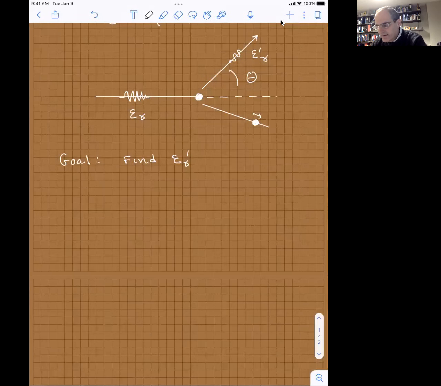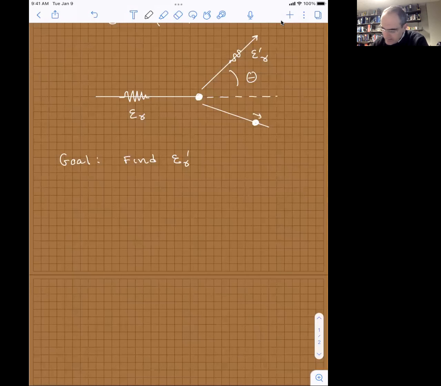Actually, we treated this problem in class and maybe on a homework assignment some time ago. Only in the homework assignment, we made an assumption that the scattering angle was 180 degrees. We're not going to make that assumption now. We'll just do it in general.